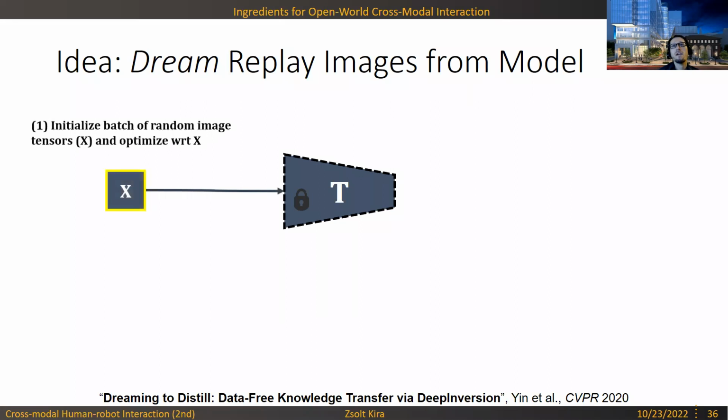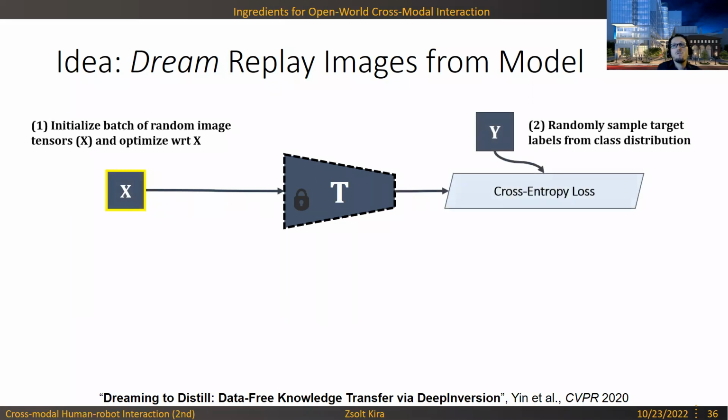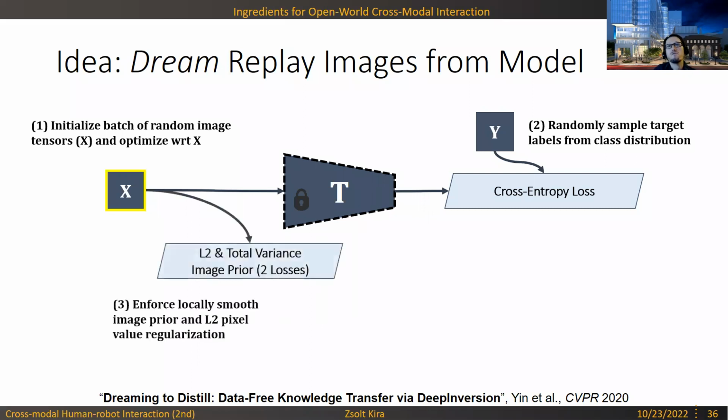And you can do this by essentially backpropagating to an image. That is, you start from a random image, you feed it through the model, and you try to maximize some score of a class, and you then optimize the image itself to generate examples of that class. And so that's how you can generate new images of old things that you've learned about.